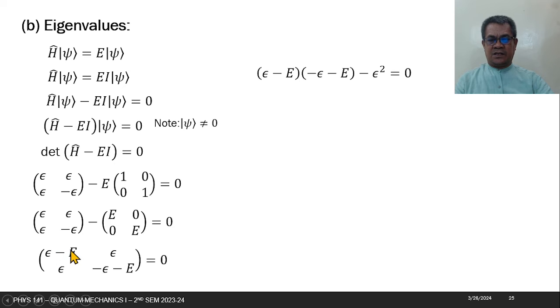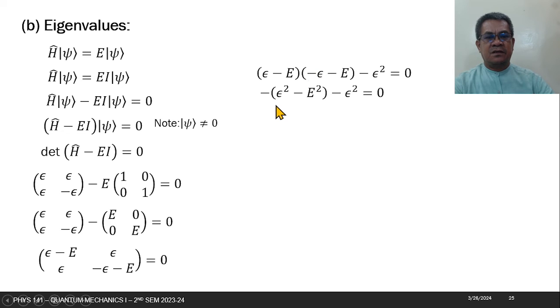We multiply this expression with this one. So we have this. Then minus the reverse diagonal, and it should be epsilon squared. Then we can remove this negative outside, so that we have this difference of two squares. If we remove this negative, this is it.